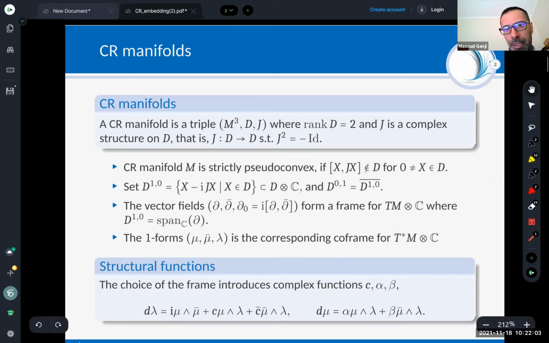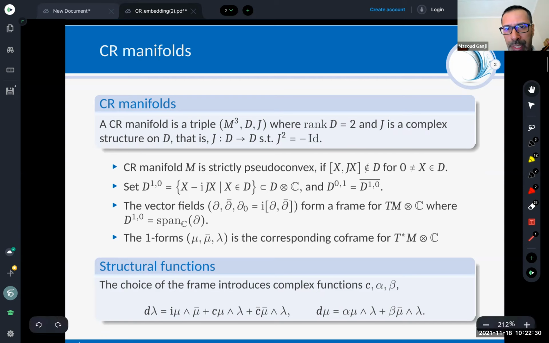A CR manifold is a three-dimensional real manifold, D is a rank 2 distribution, and J is a complex structure. You can see here, I don't distinguish between the set of vector sections on D and D itself. So when we talk about vector fields, I actually mean a section on the distribution or tangent bundle or cotangent bundle.